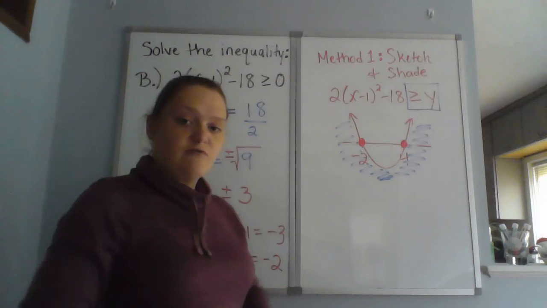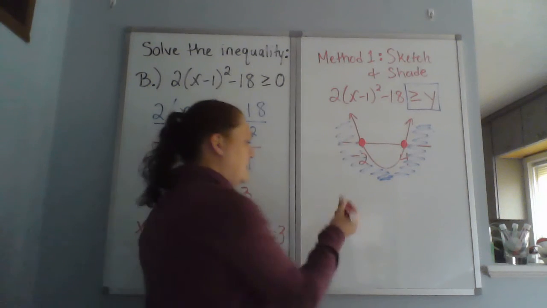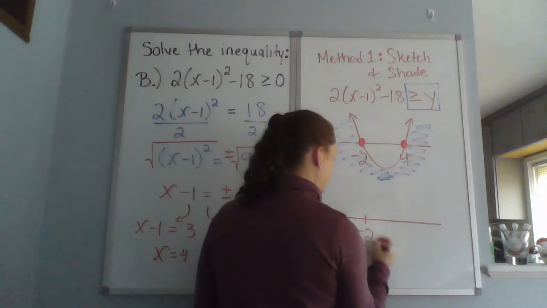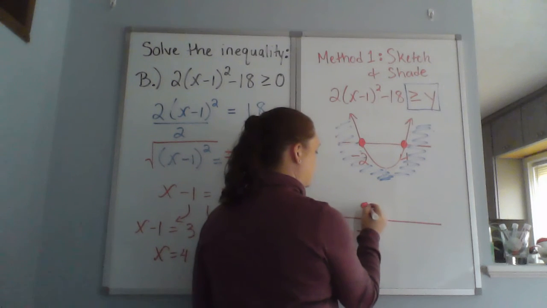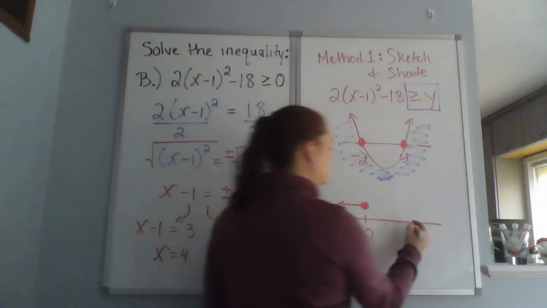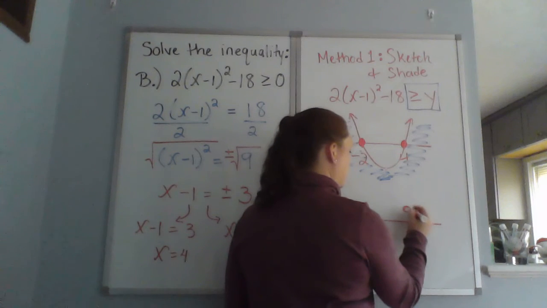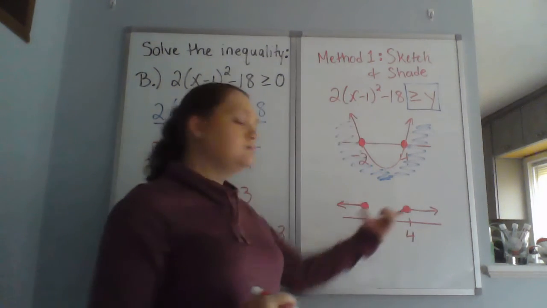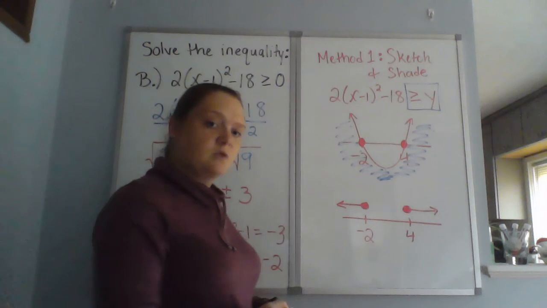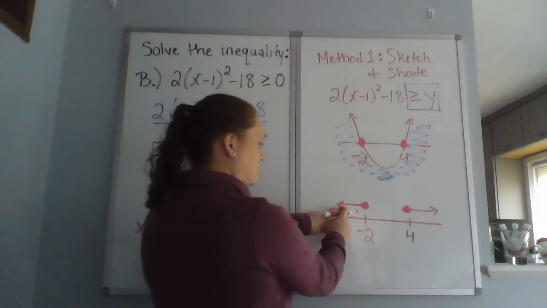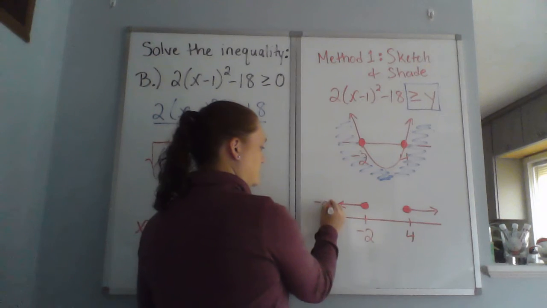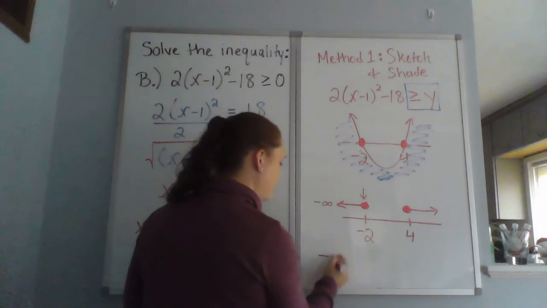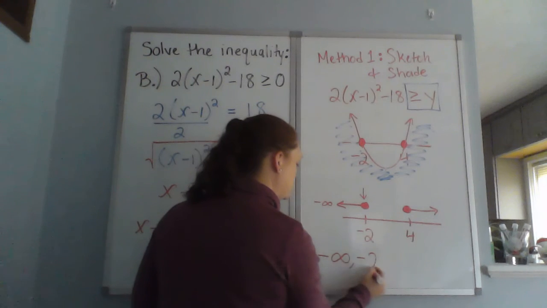That means that from a number line perspective, I'm looking at this. I have negative 2, everything on the left of negative 2, and 4, everything on the right of 4. Okay, so I have 2 separate intervals to write here. This side goes over to negative infinity, and then I end at negative 2. So I have negative infinity to negative 2.